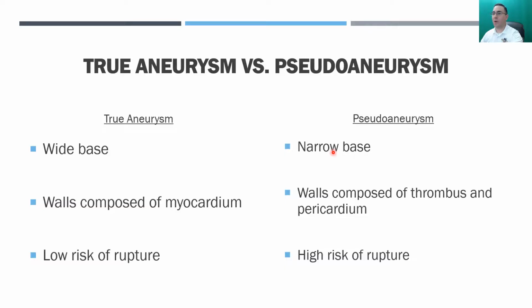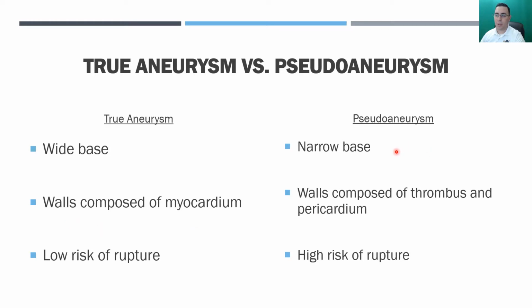So moving forward, look at this. I have this nice comparison between the true aneurysm and the pseudoaneurysm. Look at this one. The true aneurysm, the base is wide, as I said before. In the pseudoaneurysm, the base is narrow. In the true one, the walls are made of myocardium.